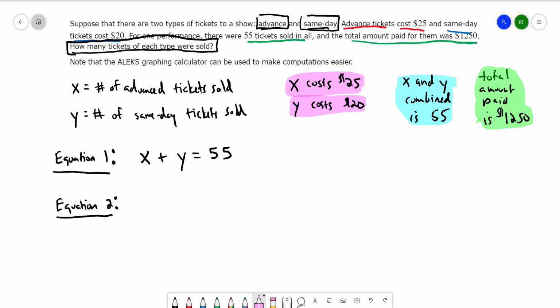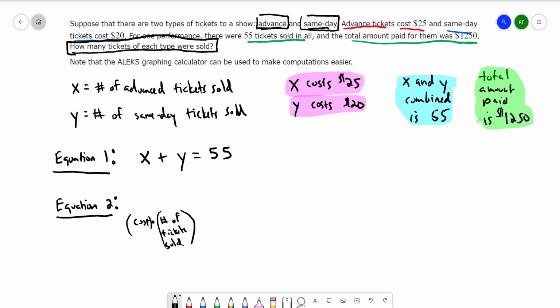If I want to figure out how much I made off of advance tickets altogether, I take the cost and multiply it with the number of tickets sold.